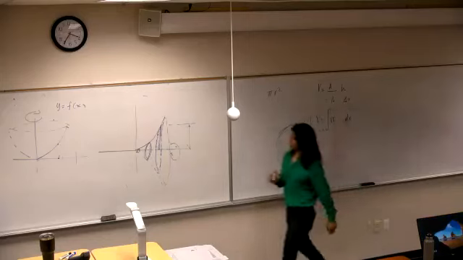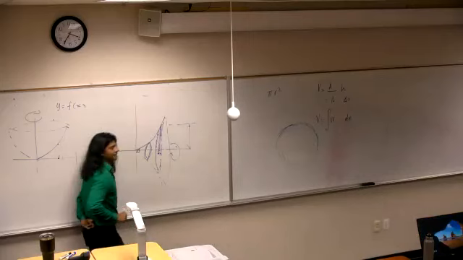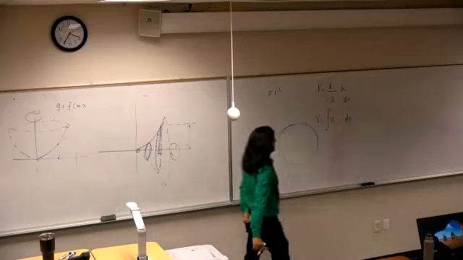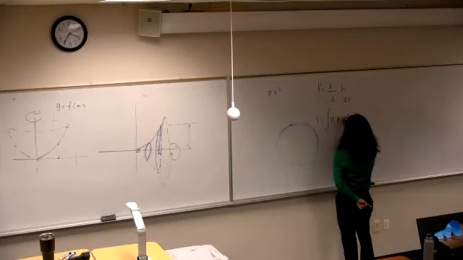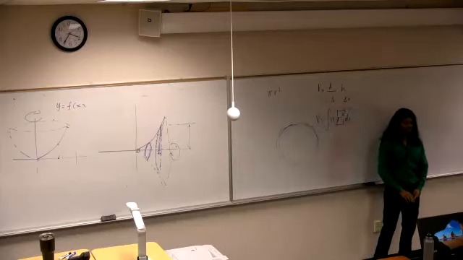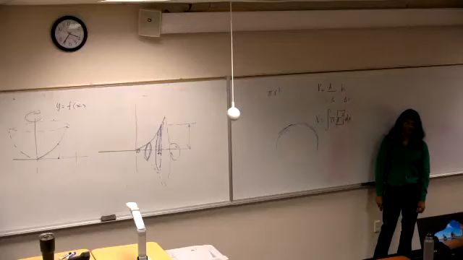That dx will go to this tiny strip. That is your dx. Good. All that is missing is the radius. I find the radius, I am done. Agreed? Well, what is the radius?